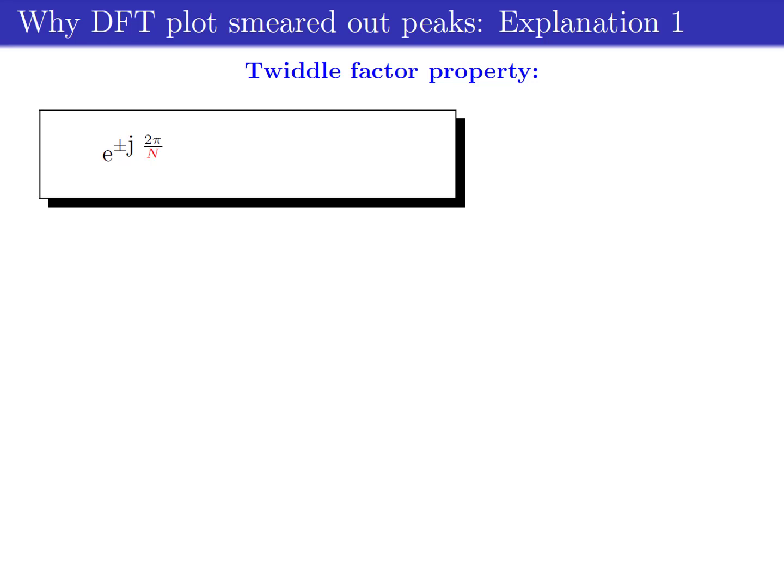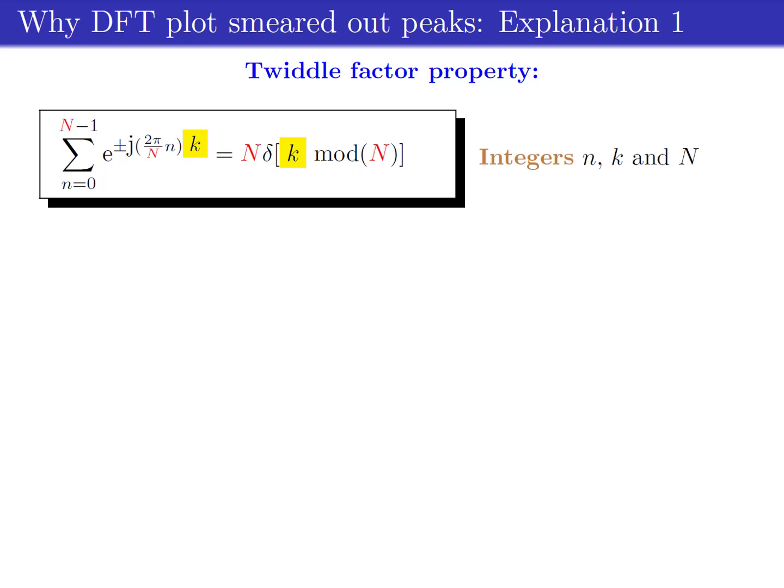This property implies that when summing capital N twiddle factors of e to the power plus or minus j 2 pi divided by capital N, up to a power of frequency index k, the result is always 0 except for k is 0 or an N-fold. Furthermore, it's important to realize that all indices in this equation are integer numbers.